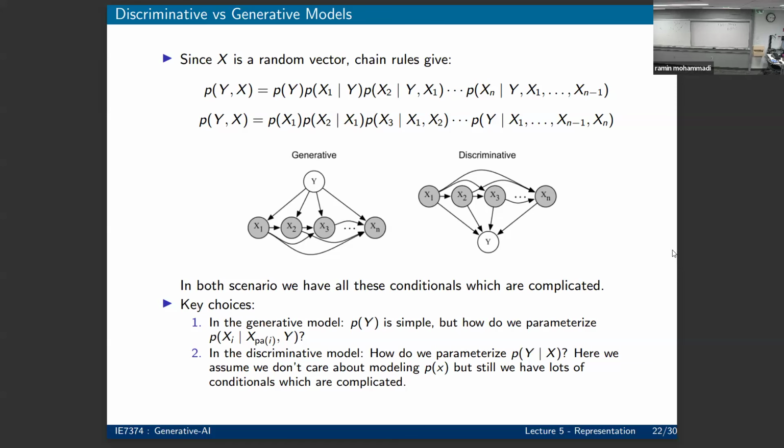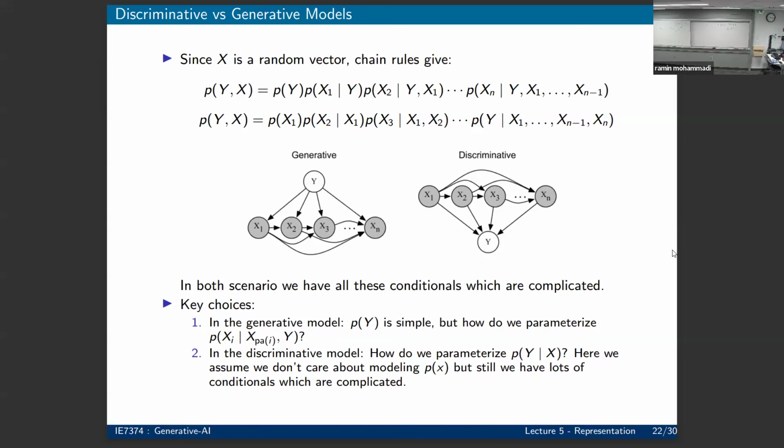So for both generative versus discriminative, the idea now is how we could simplify this. And that's what naive Bayes did. In naive Bayes, there are so many conditionals, and it's difficult, like the definition of a generative model. Naive Bayes made an assumption: there is no connection between the x's.